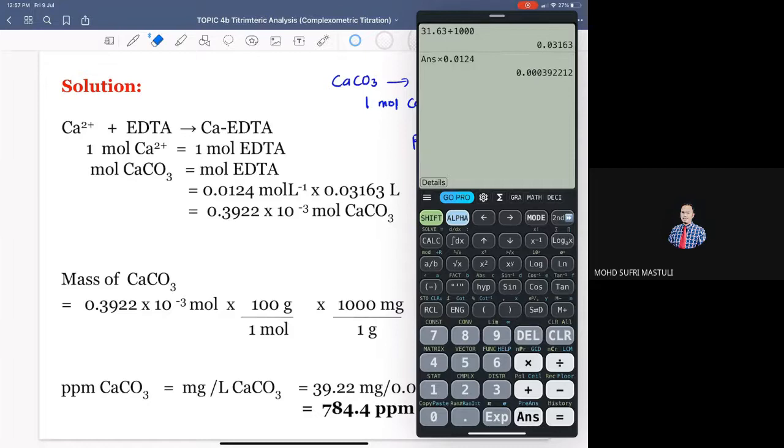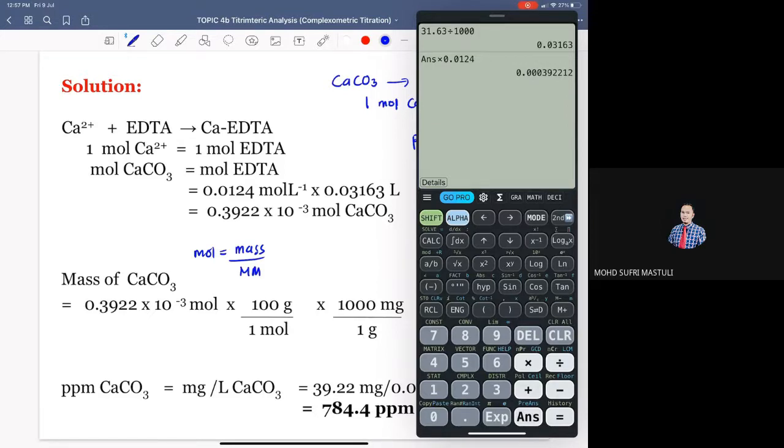So you already have the moles of calcium carbonate, and then you can calculate the mass of calcium carbonate. Since you already know the moles, use the formula moles equal mass over molar mass.